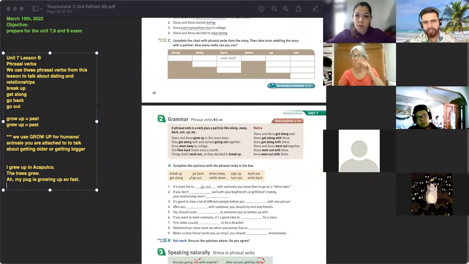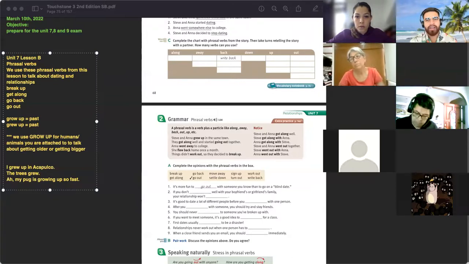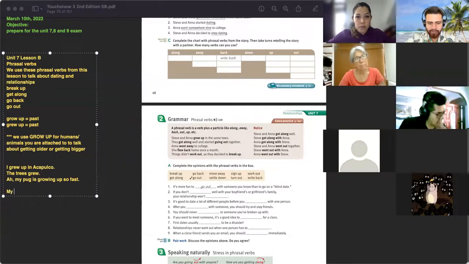So just to test you a little bit more, how can I say, let's see, Rociel, "mis hermanos están creciendo rápido?" My brothers grew up. "Están creciendo." Grew?